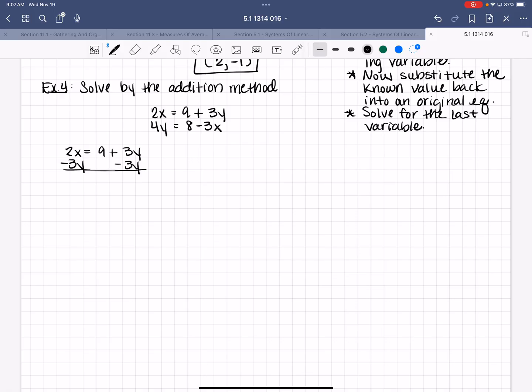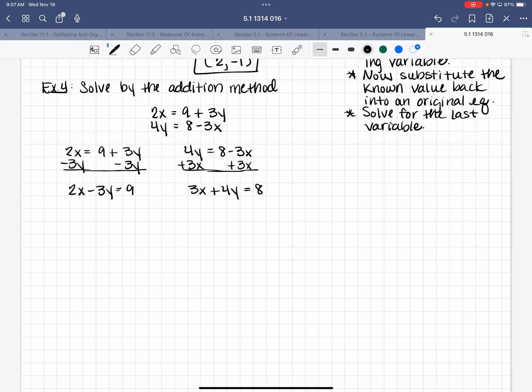And that's going to give me 2x minus 3y equals 9. Okay, that looks good. Then over here on my 4y equals 8 minus 3x, I know I need to move that 3x over. So I'm going to add 3x to both sides. And that's going to give me 3x plus 4y equals 8.